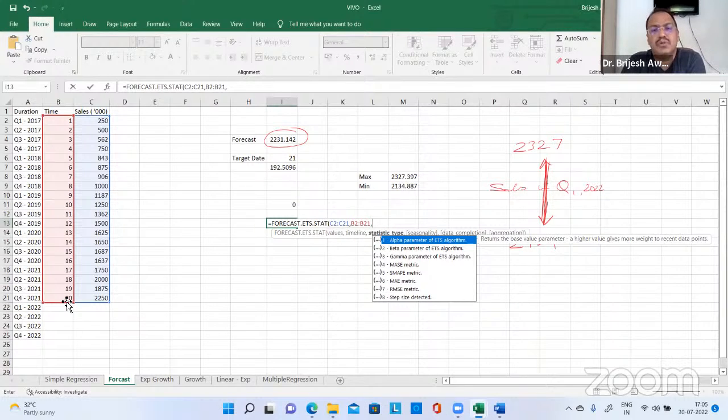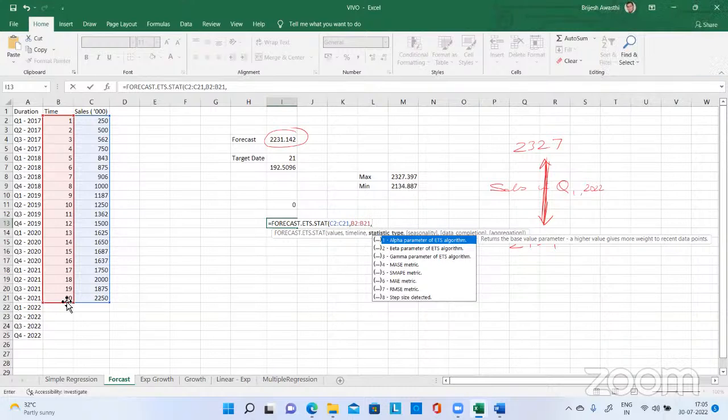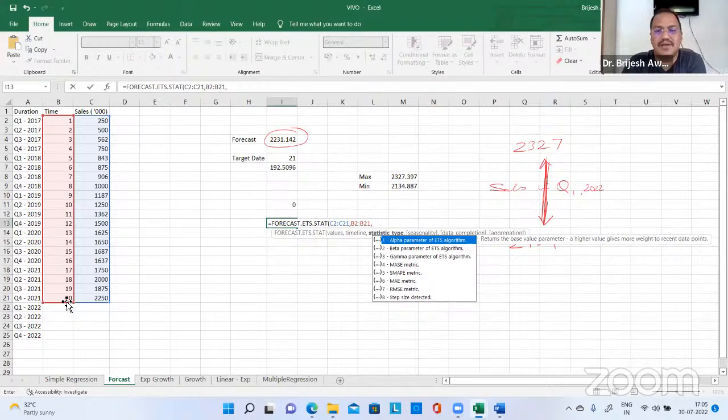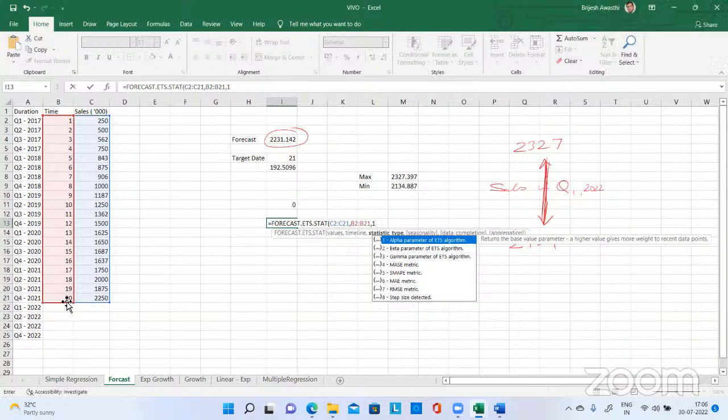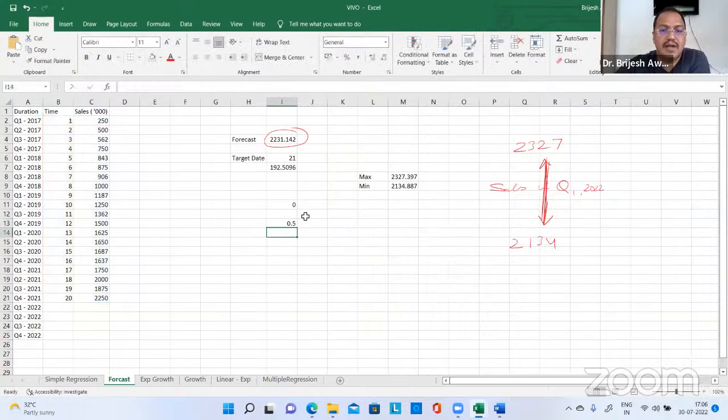If I'm talking about the ARIMA model, have you heard of this model, ARIMA? Auto-regressive integrated moving average. Actually, it is not possible in Excel, but you can calculate the alpha parameter, beta parameter, and gamma parameter. So suppose I'm interested to calculate the alpha parameter, I will use 1, and just enter.